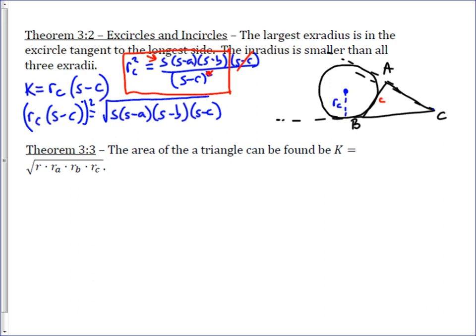And then from that result, we get this theorem right here. We can kind of do the same idea, not that same result, but if we look at Heron's again, we get this.